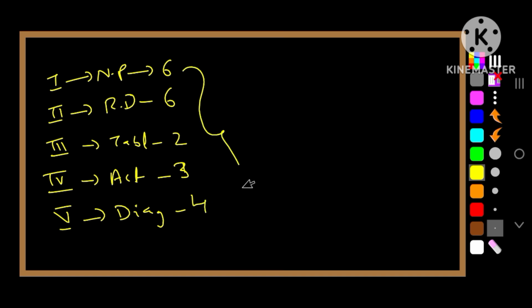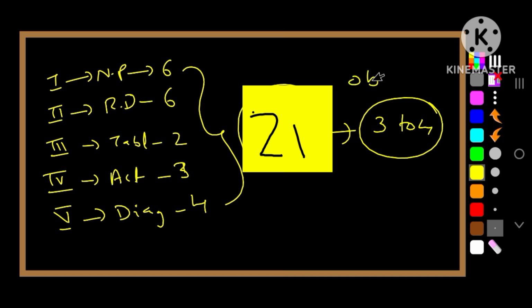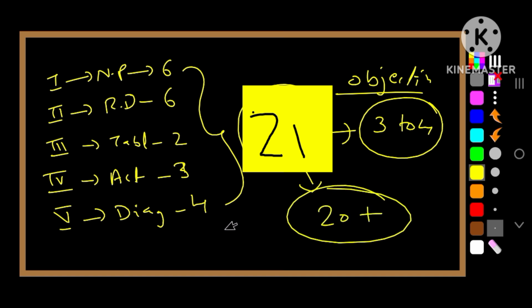So total you are getting, and if you write at least in the objective part, you are getting 3 to 4 marks in objective MCQs. So you will get 20 plus marks. As I said before, you need just 14 marks to pass.